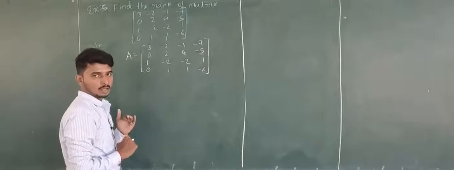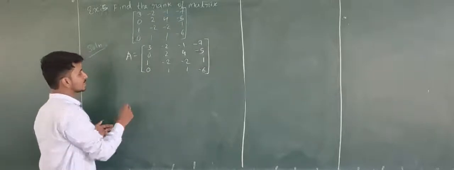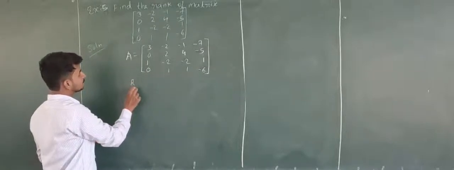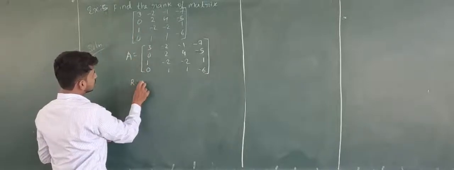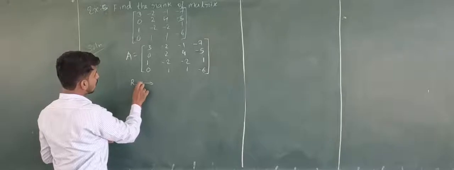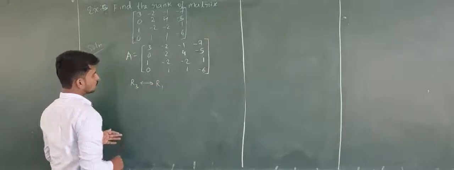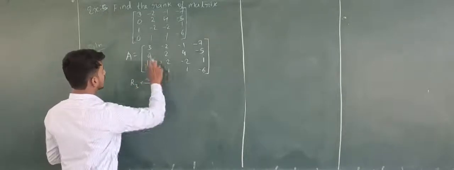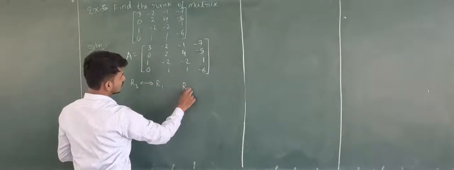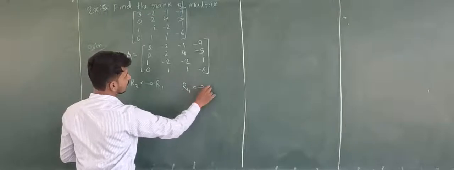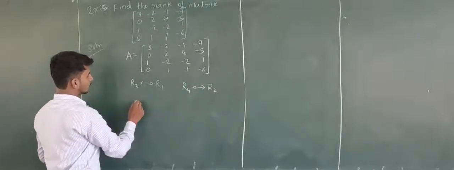We are changing row 3 as row 1, and we are changing row 4 as row 2.